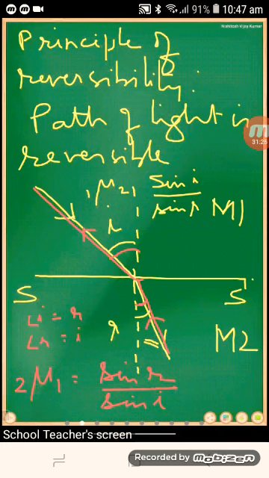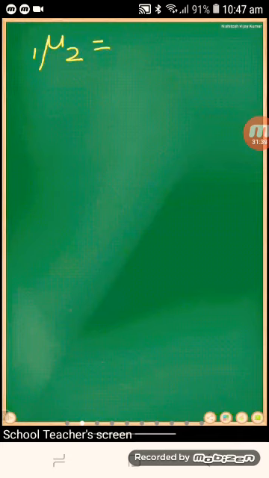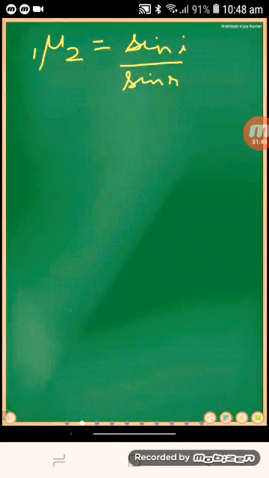So now what we have: for the refractive index of the second medium with respect to the first, mu 1 2 is sine I upon sine R, and mu 2 1 is sine R upon sine I.